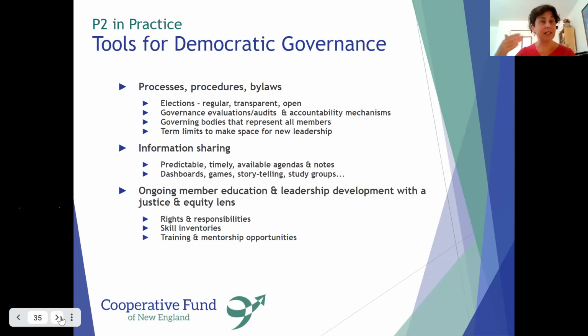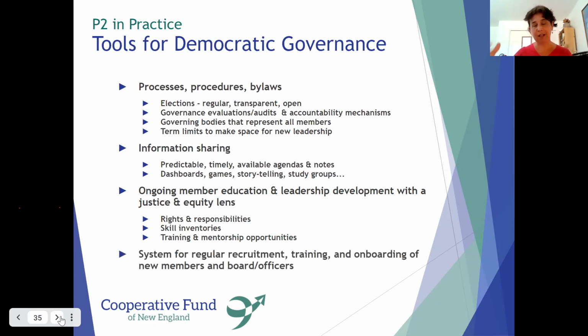And you definitely see co-ops maturing out of functionality where they forget that they have to continually refresh people's ability to participate as members. And then last is systems for regular recruiting, training, and onboarding, both of your membership and of your officers.